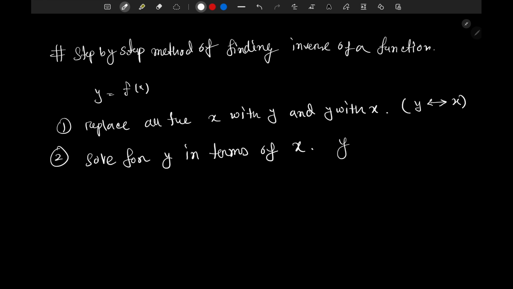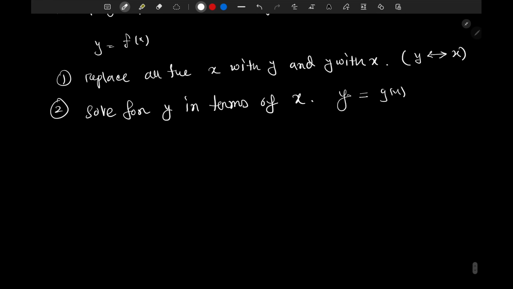So you want to write y equals some function of x. But let's call this some g of x. Now, after you are done with this, you would just want to say y equals f inverse of x, and then you get your f inverse of x, which is equal to g of x.